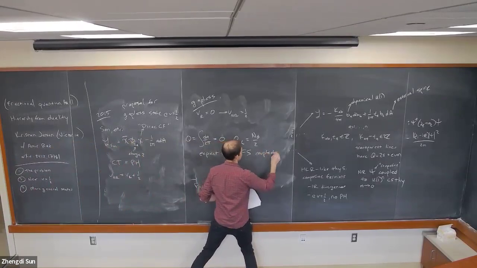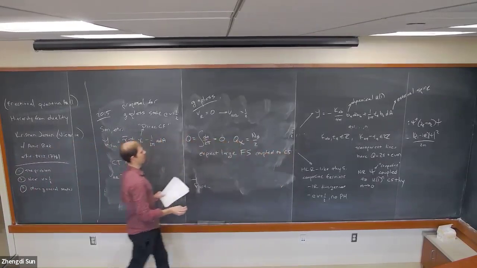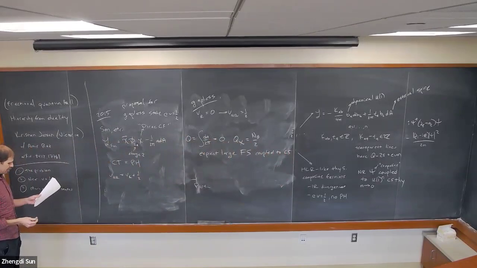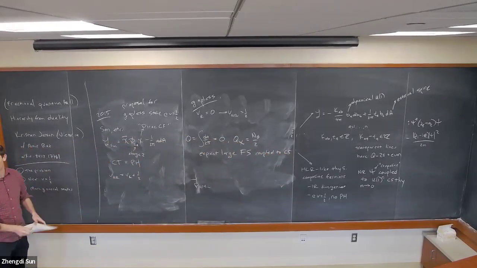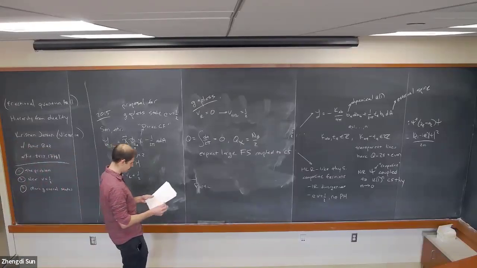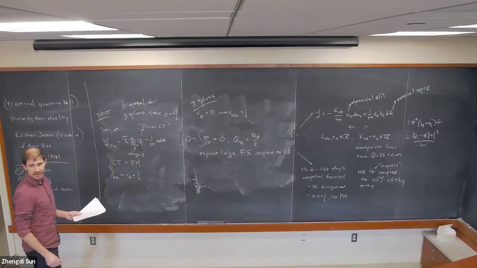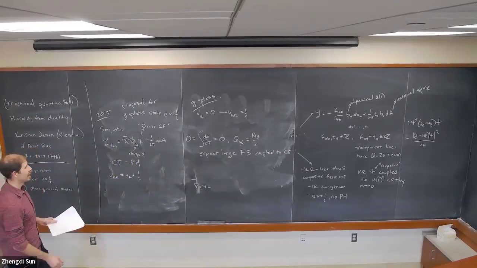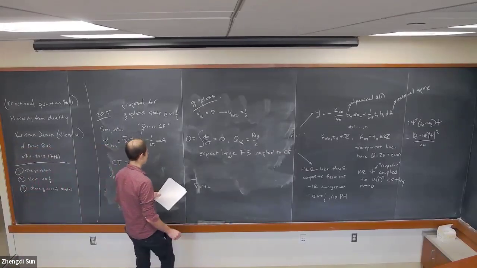And that would be your candidate for the description of this. Well, that looks like a gapless state of matter. There are ripples on the Fermi surface that are massless. So that's all well and good, that you get this nice gapless state of matter from this theory.